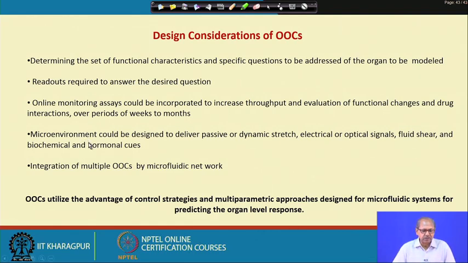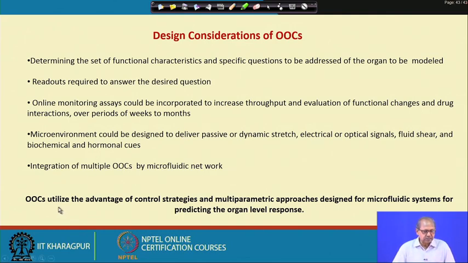Then there is manipulation of the microenvironment: passive or dynamic stretch, electrical and optical signals, fluid shear, and biochemical and hormonal cues, meaning both biophysical and biochemical cues which comprise the microenvironment. And there is integration of multiple organ on chips by a microfluidic network, which will mimic different organs in our system, like heart, lung, liver, brain, kidney, gut in one platform connected through fluidic networking, and we can mimic human physiology.